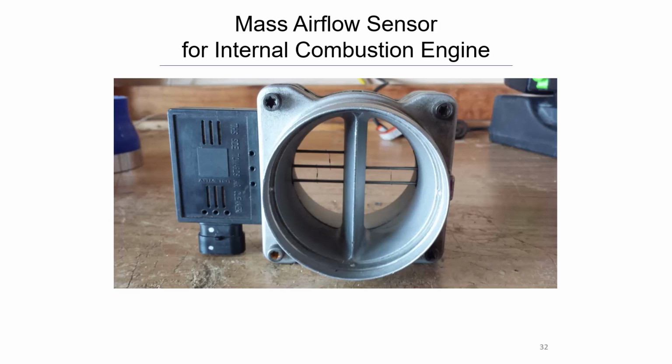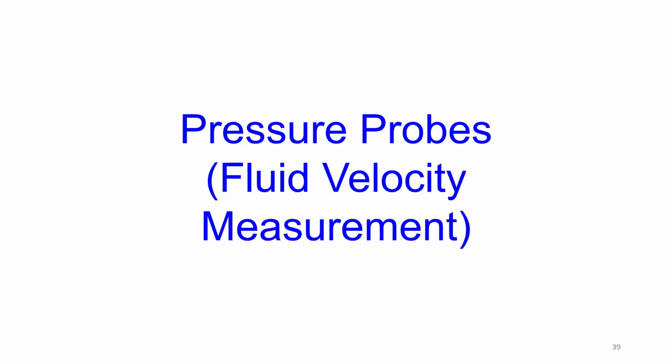This will open up the throttle to let more air in or restrict the airflow in. So it's acting as a control system as well. So that's the segue part into the control system. But before we get to that, if we do get to that, that'll be on Thursday, our last day of lecture. Before we do that, we should talk about pressure probes.